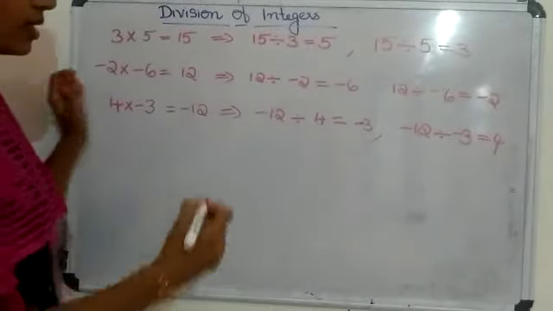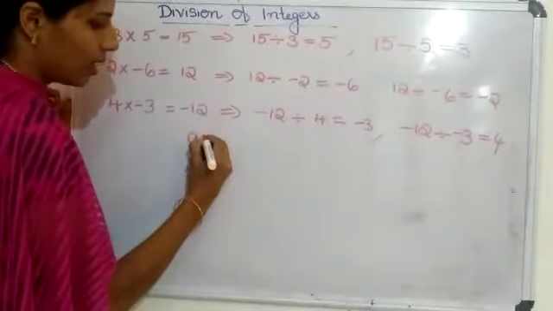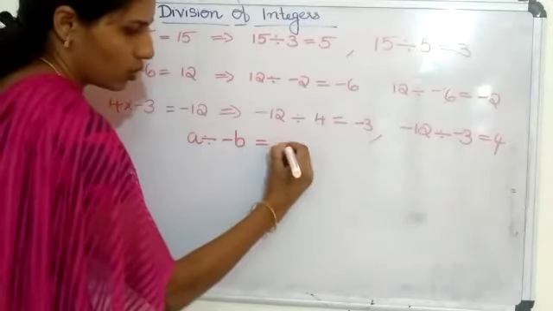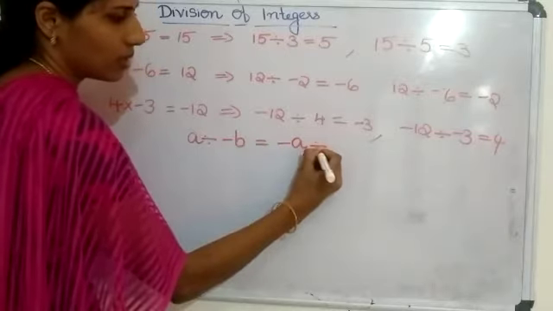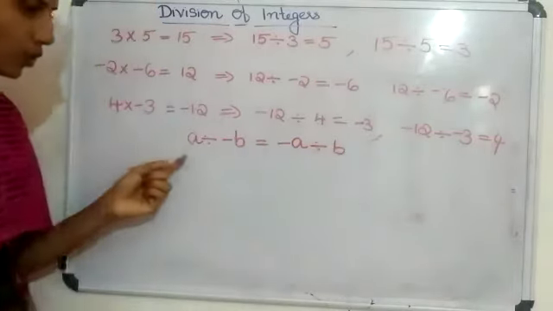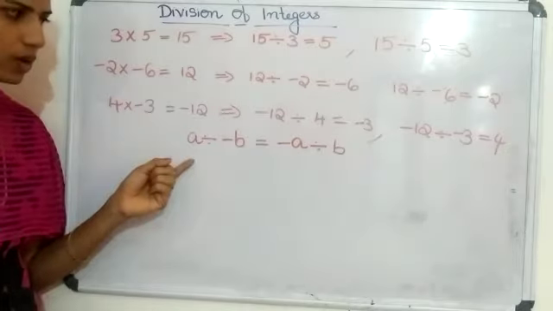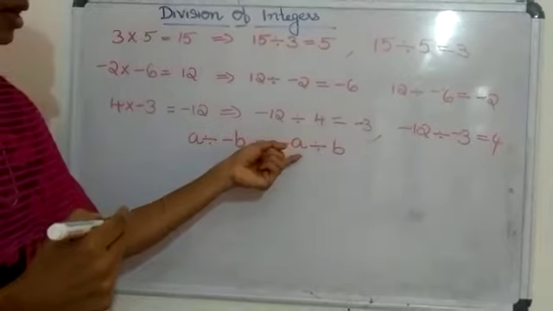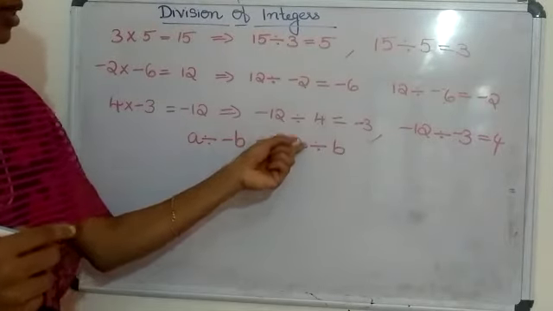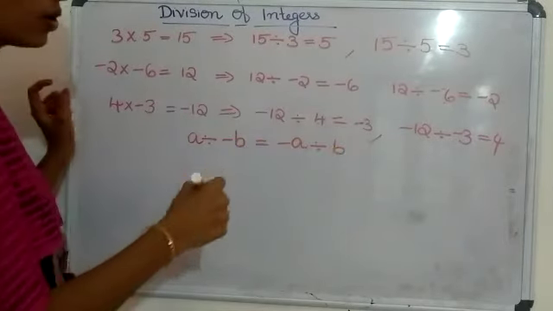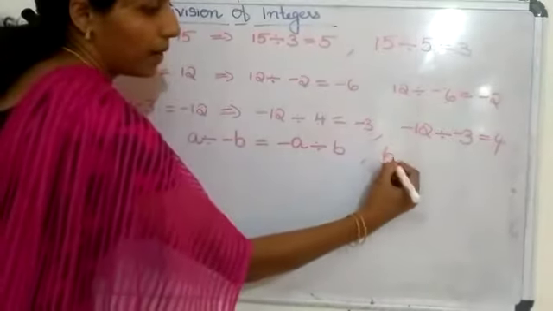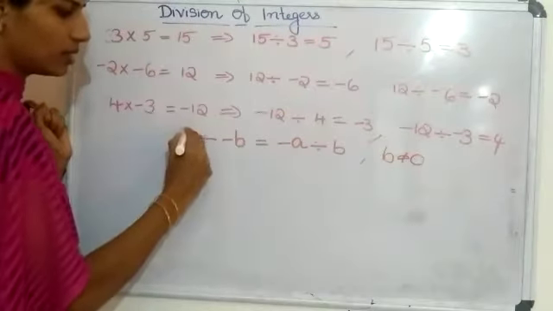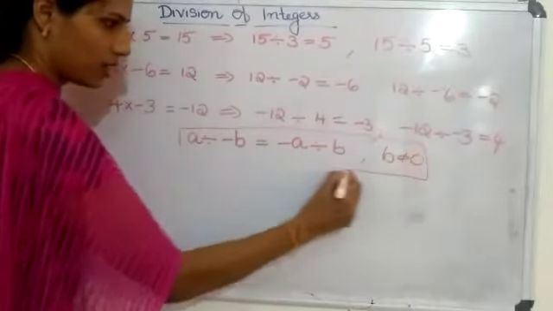In general we can write A divided by minus B is equal to minus A divided by B. That means when you divide a positive integer by a negative integer, or a negative integer by a positive integer, you have to apply the negative sign. Okay, this is important.